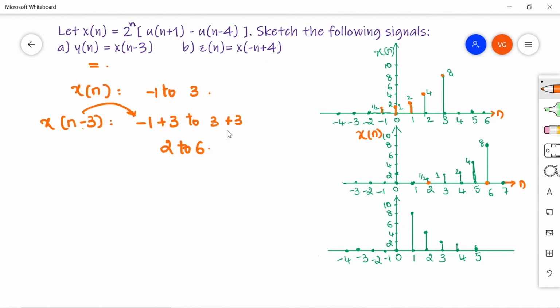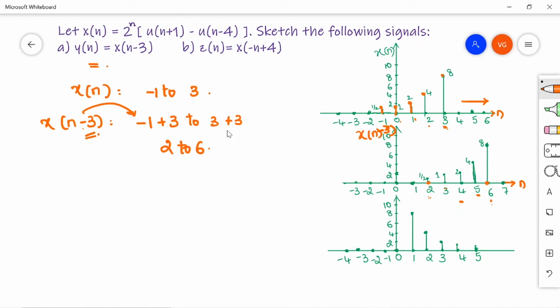Just shift the signal towards your right side by 3 units. Then at n is equal to minus 1, I have an amplitude of half, that will come here to 2. 0 will fall at 3. 1 will fall at 4. 2 will fall at 5. At n is equal to 3, I have an amplitude of 8, that will come to 6 here. So this is x of n minus 3.